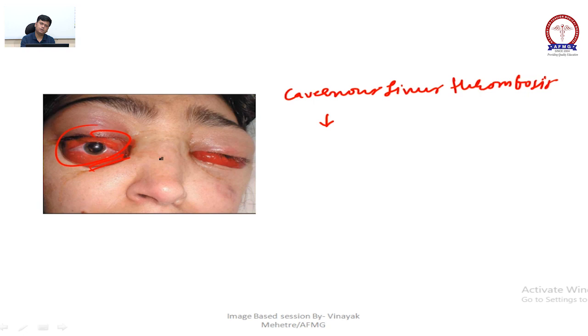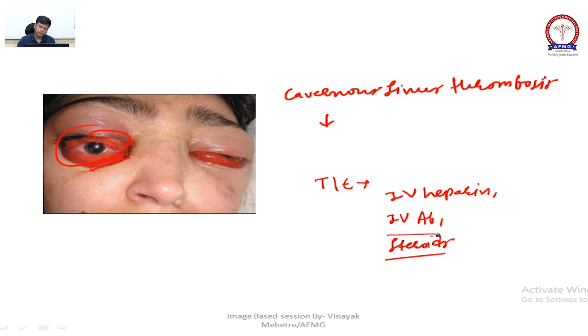And treatment for this, since it is thrombosis, first IV heparin, right, IV antibiotics, and to heal it, steroids. Heparin is given to remove the thrombus, right?